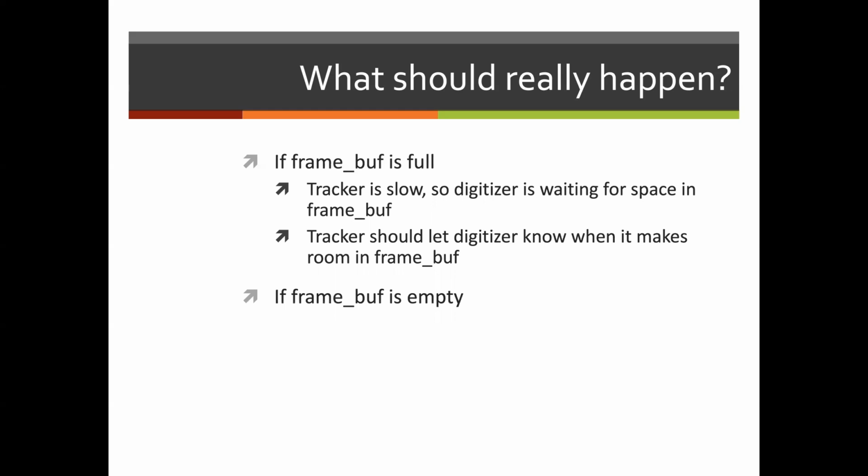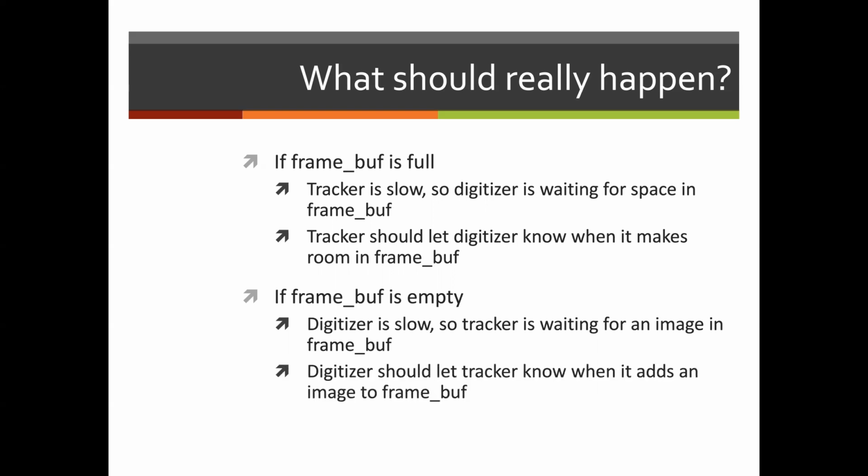If frame buff is empty, then that means the digitizer is slow. So the tracker is waiting for an image in frame buff. The digitizer should let the tracker know when it adds an image to frame buff. And so ensuring all of these constraints would allow us to stop the busy waiting that could occur.